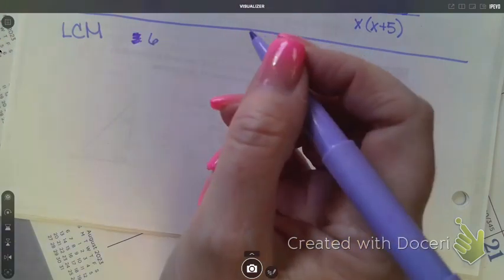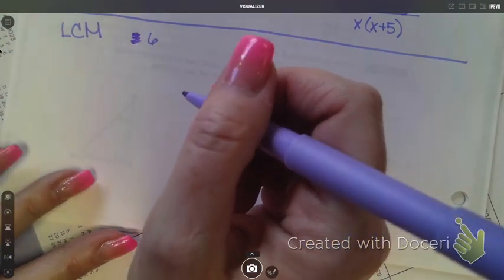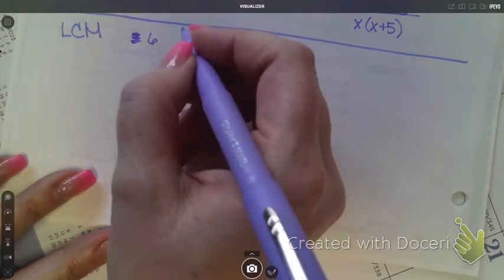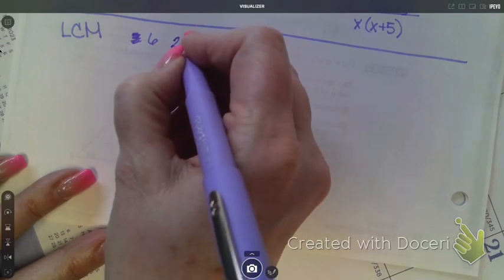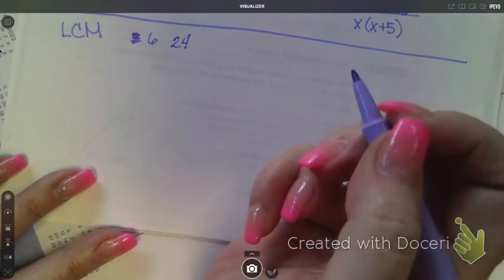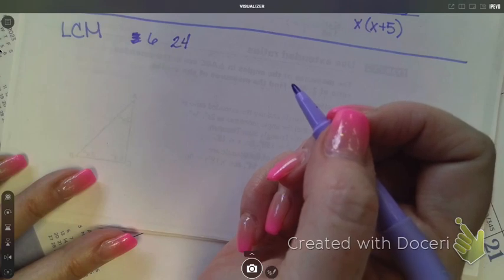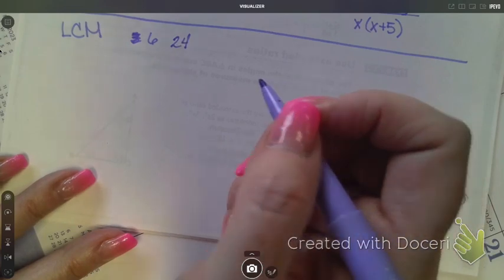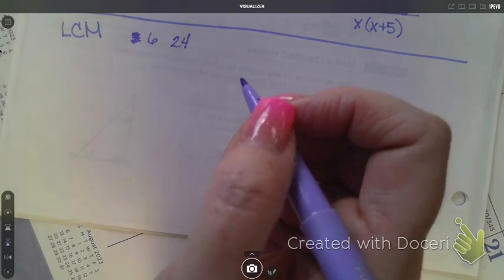I'm trying to make them hard, but they're not really hard. 24. The least common multiple? So the smallest multiple.